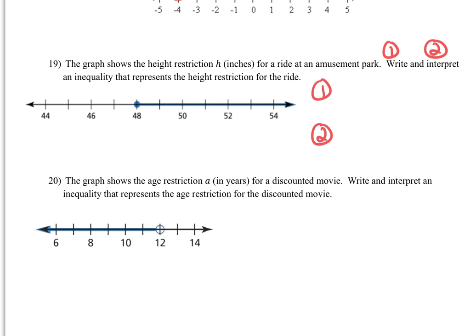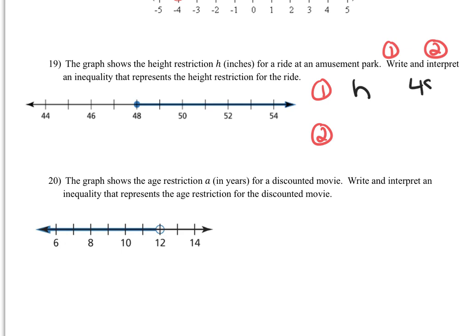So what number has the circle on it? 48. Let's start there, okay? What letter do they want us for our variable? H. Do I care which side your H is on, technically? No, it doesn't matter. So do you want to put it first or second? First? Okay. Totally fine with that. I'm going to scoot my 48 over.